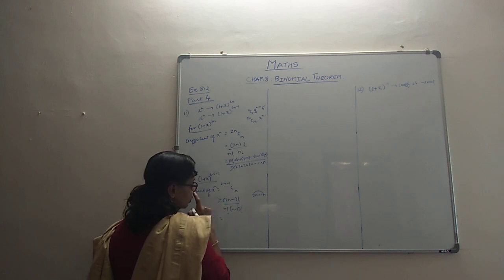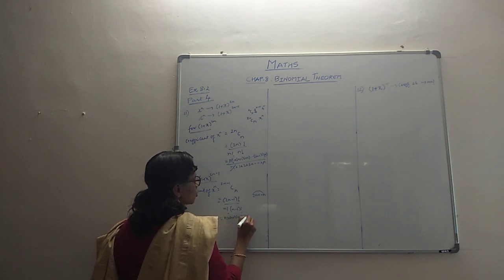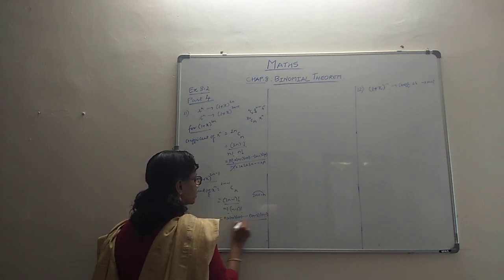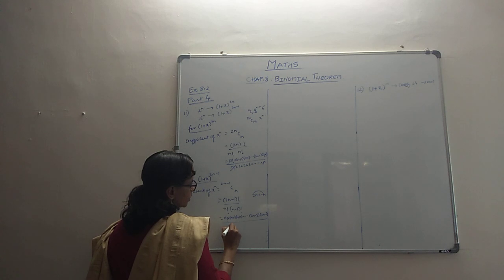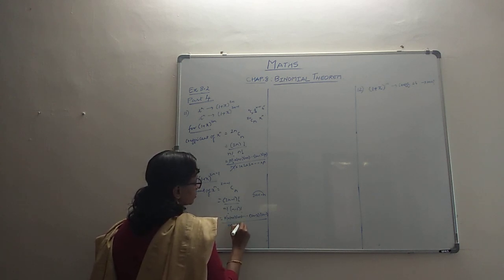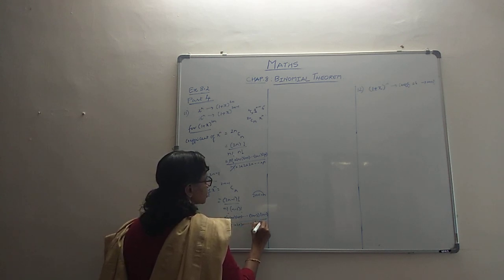Like before, we could have written 2n minus 1 factorial as n factorial into n plus 1, n plus 2, and so on up to 2n minus 2, and last 2n minus 1. So that this n factorial could have cancelled. And this n minus 1 factorial you could have written as 1, 2, 3 and so on till n minus 2 into n minus 1.